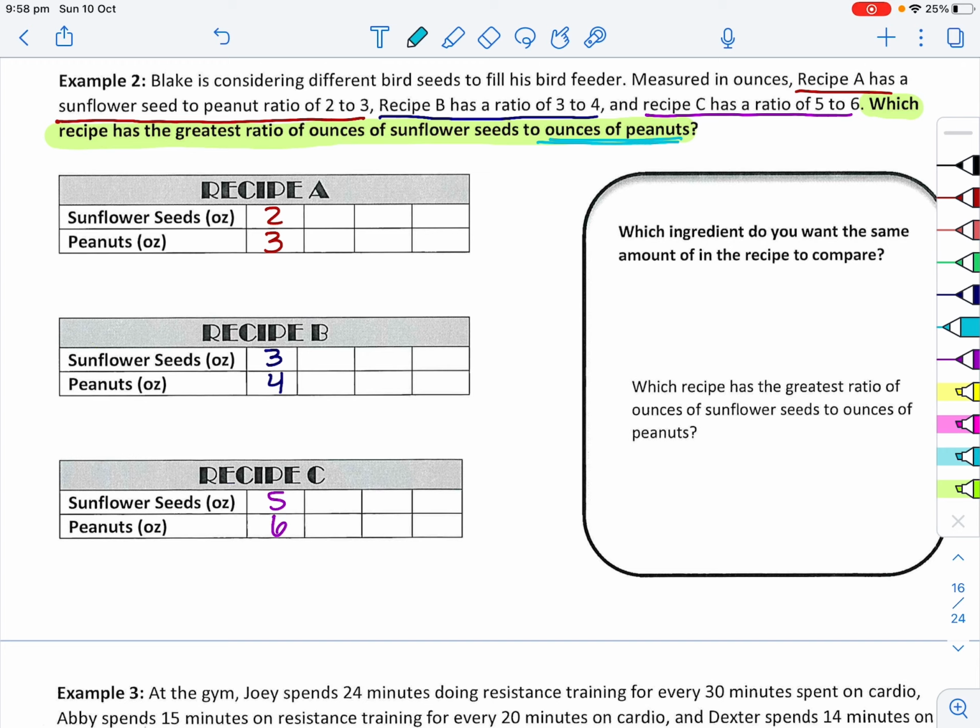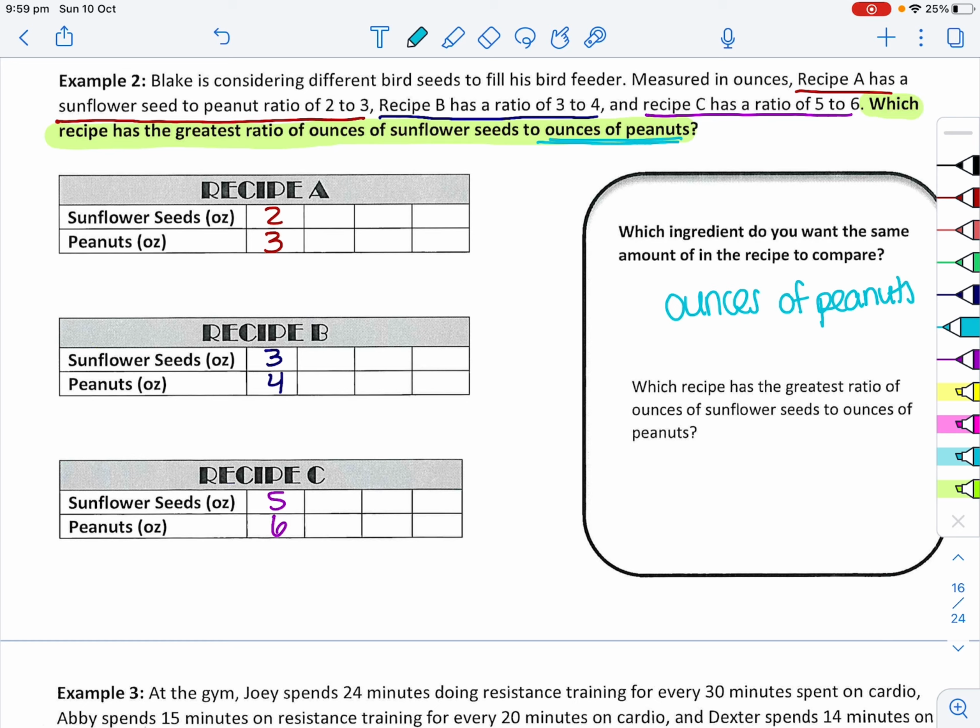So I want to get ounces of peanuts to be the same. If the ounces of peanuts are the same, who gives me more sunflower seeds? So I'm going to do the same thing that I did in example 1. And then you may start to notice that you can figure it out a little bit quicker, and that's okay. We'll talk about that too.